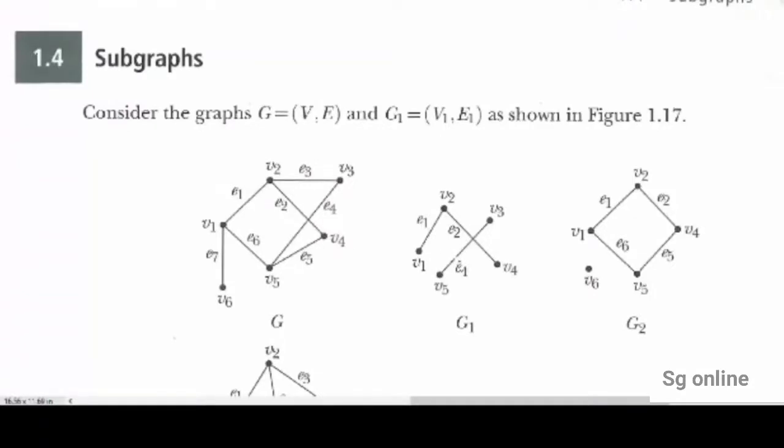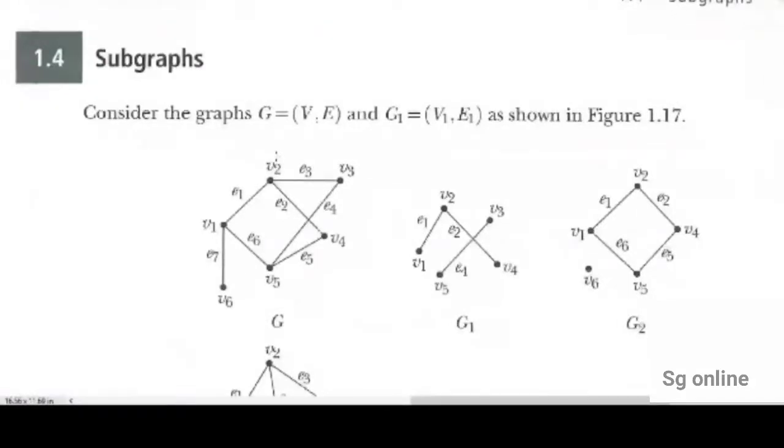So the important thing for forming a subgraph: you see that there is no edge between V2 and V5 in the original graph. So there cannot be any edge in any subgraph between V2 and V5.